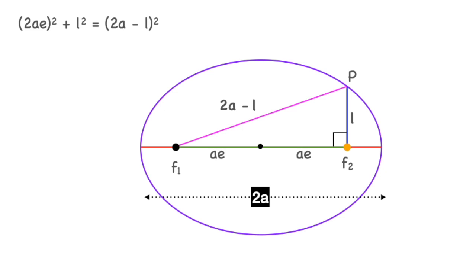We can expand both sides, and we can subtract L squared from both sides, and divide both sides by 4a.